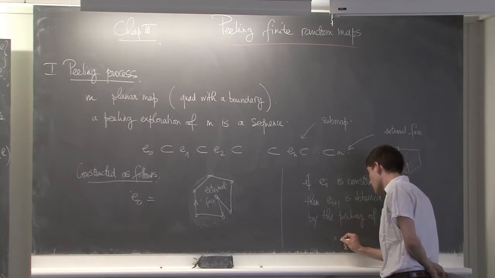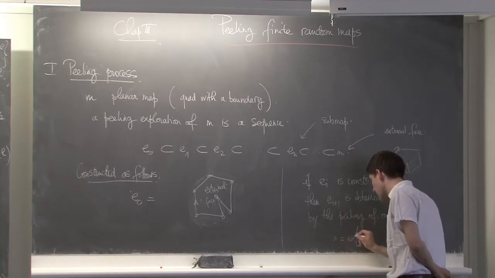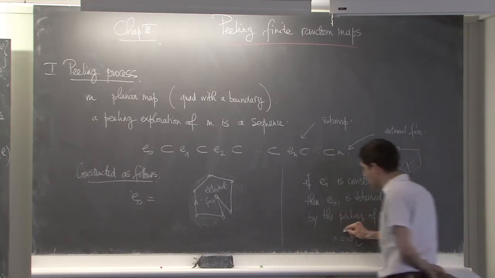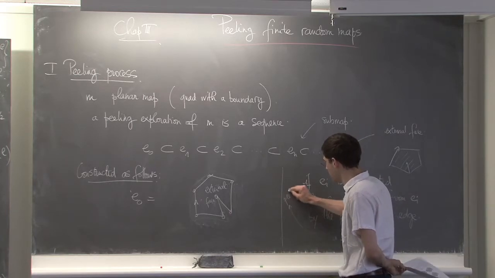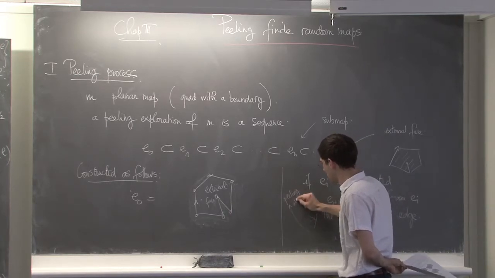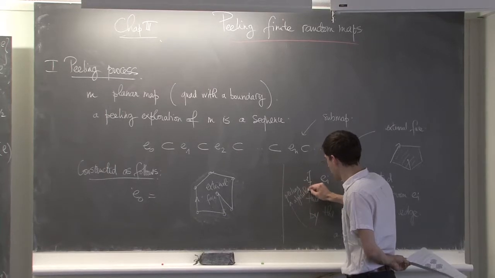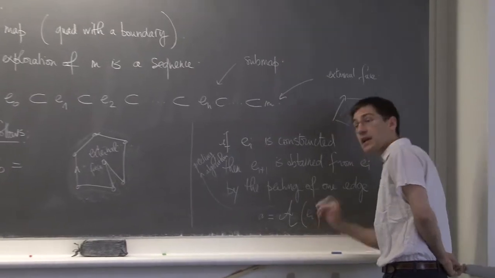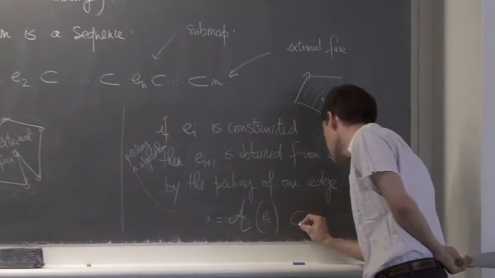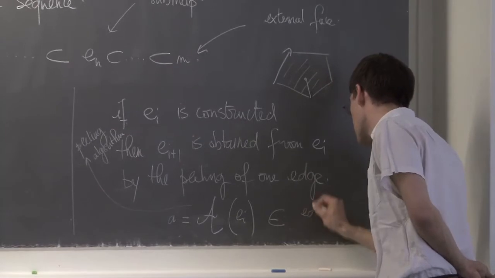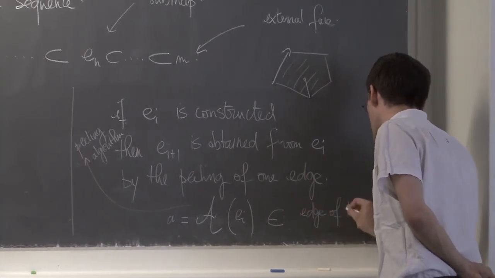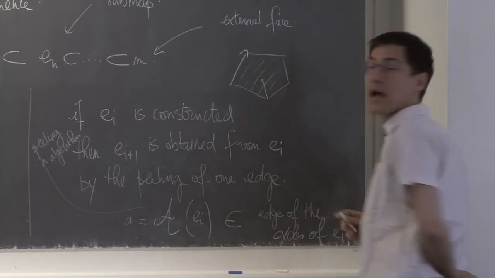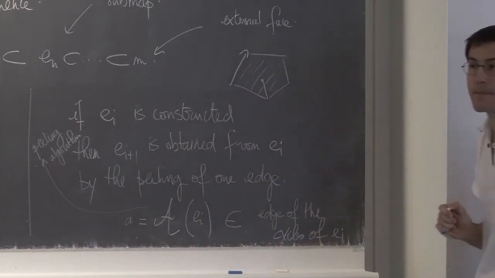This edge is given by a function that I denote by capital A, which is an algorithm. This is called the peeling algorithm, which is a deterministic function of Ei, and which must be an edge of the cycles of Ei. Okay?